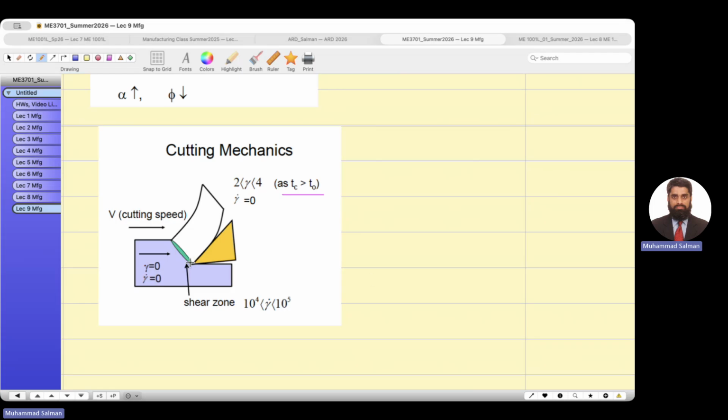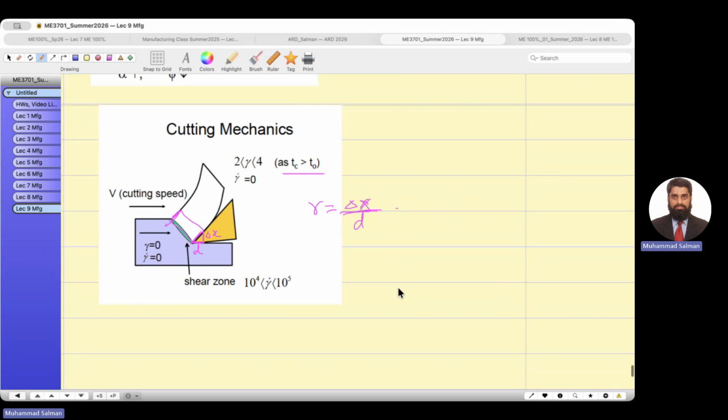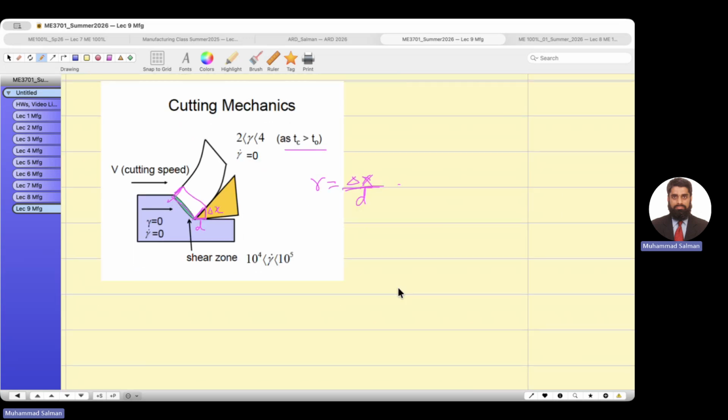For example, you pushed it upward, you created a strain here. So I would say this is my delta X over D. It's not that important, but it's the dimensions, like it goes from 2 to 4.